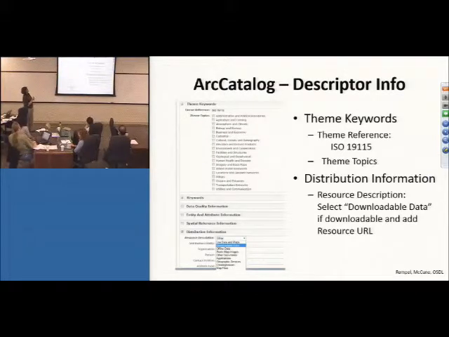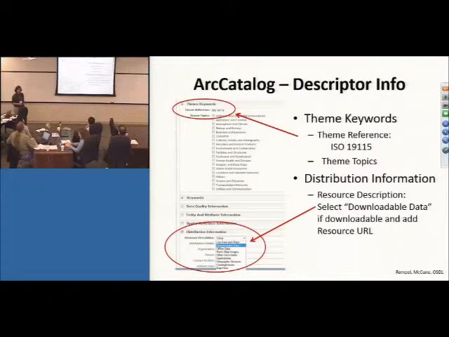And then for the descriptor information, it's a similar kind of thing. ISO metadata requires thematic keywords, and they actually come with lists of keywords that you should choose from. And so in ArcGIS, which was set up with knowledge of ISO when they built the 10.x templates, they kind of have it in there as if it was mandatory for you too.